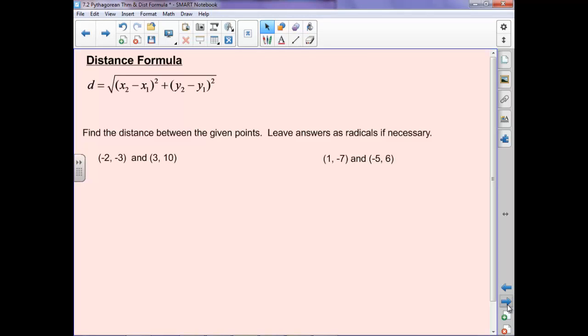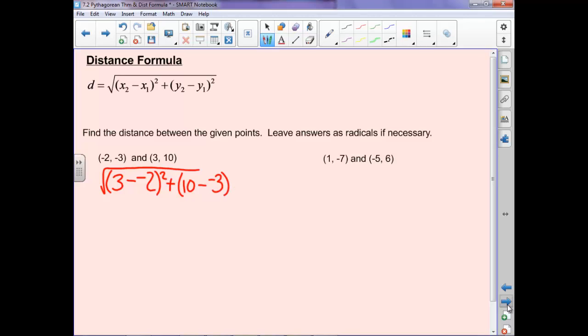So, find the distance between these 2 points. Leave the answers as radicals if necessary. So what we're going to do is we have the distance, we've got our x2 minus our x1 squared plus our y2 minus our y1 squared.